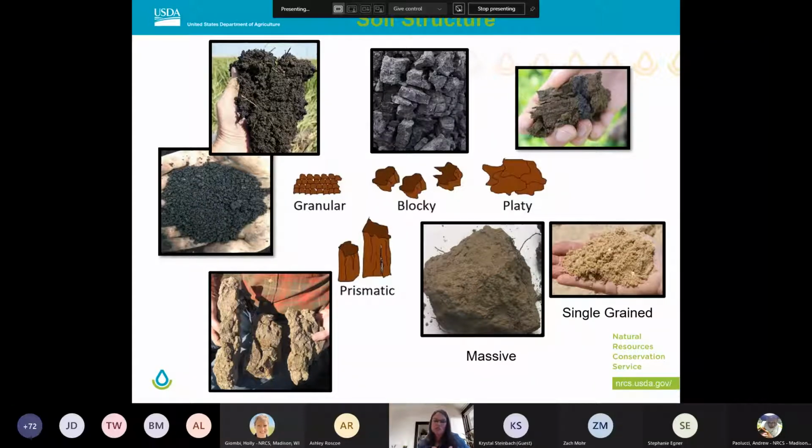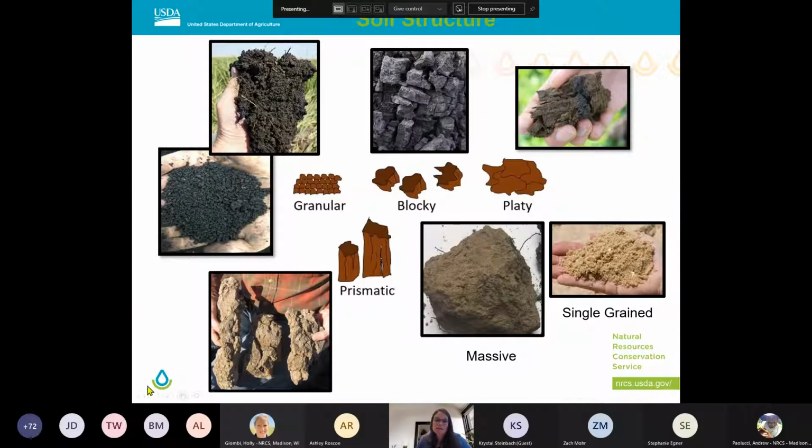It's massive. There is really no structure there. Or single grained, it's just a pile of sand. So there's no distinct structure. These are typically found in C horizons. Unfortunately, if it's disturbed or has been tilled for several years, we can have that massive structure in our A horizons as well, instead of that beautiful cottage cheese structure.